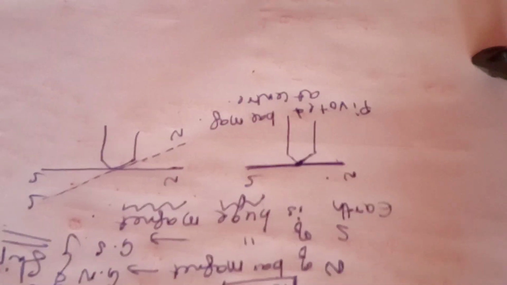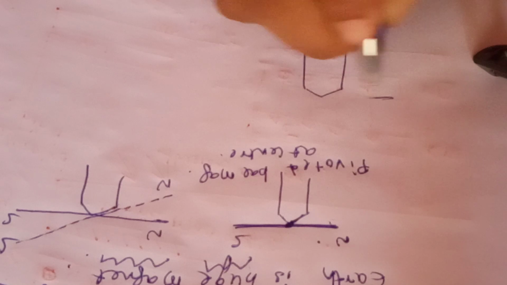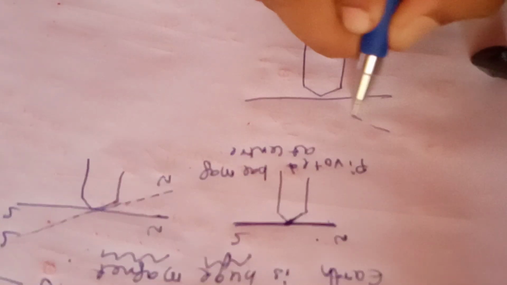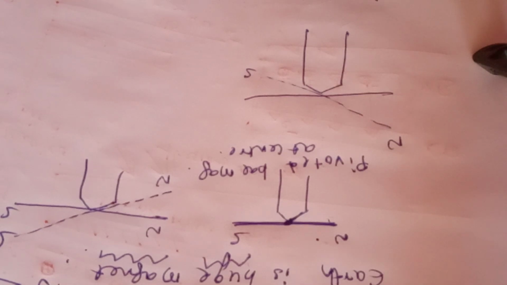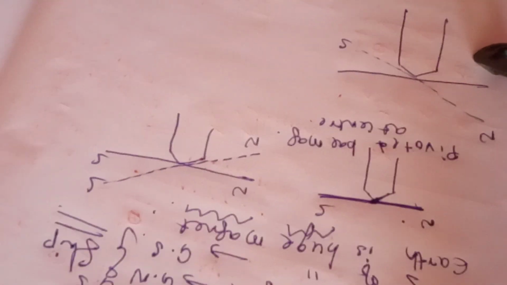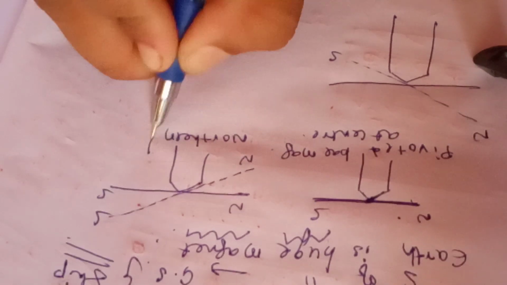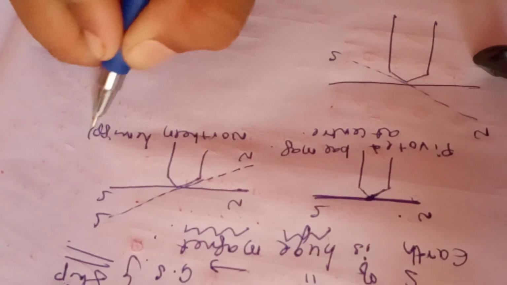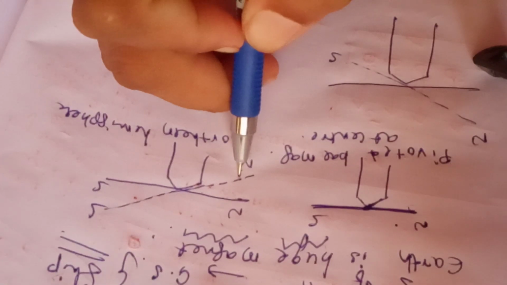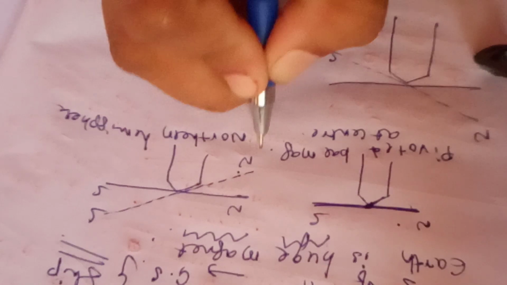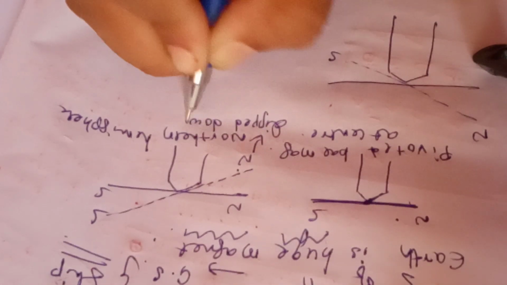Okay, at some other place they found that it dipped in such a way. So this is in northern hemisphere. They found that north of the magnet has dipped down.